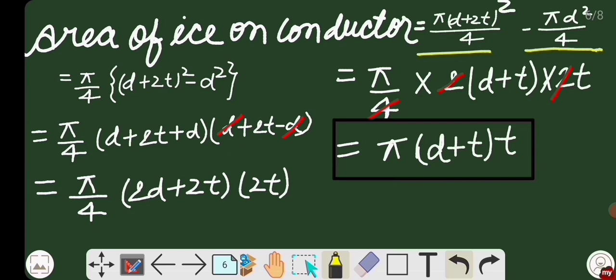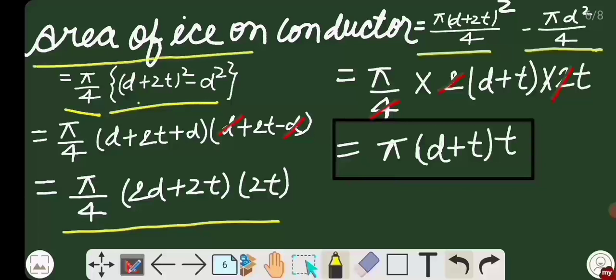After calculating this, we take pi by 4 common, so (d plus 2t) square minus d square, and then breaking it as a square minus b square, we will get pi by 4 into (d plus 2t) into 2t. Now we cancel 4 and the area of ice on conductor is equal to pi (d plus t) into t.